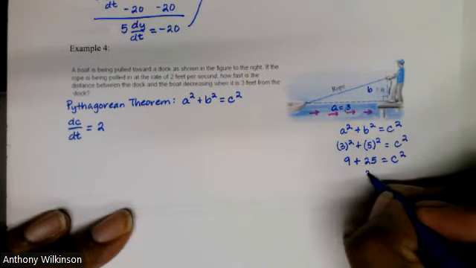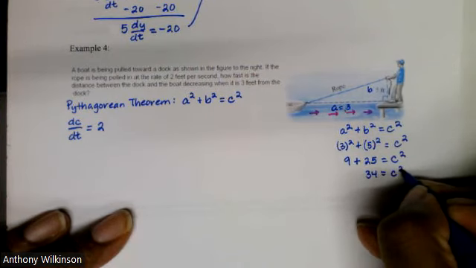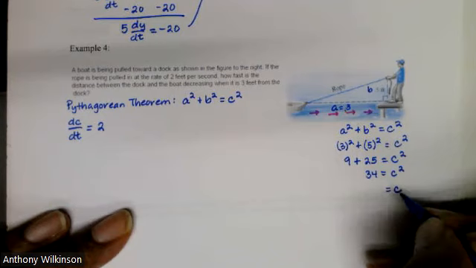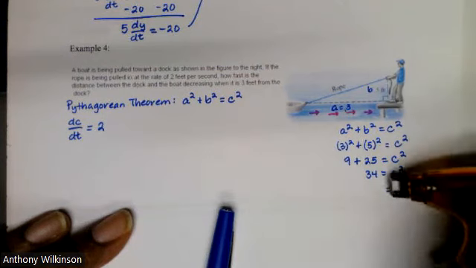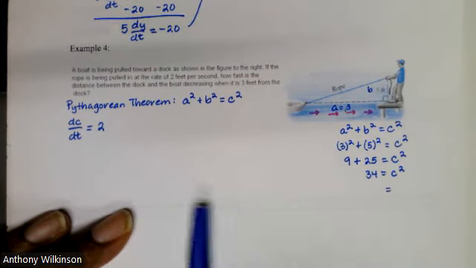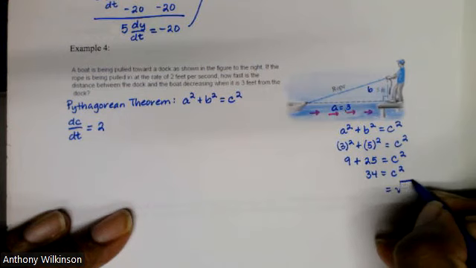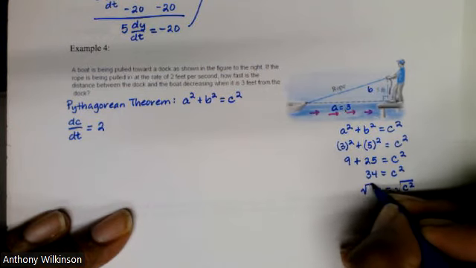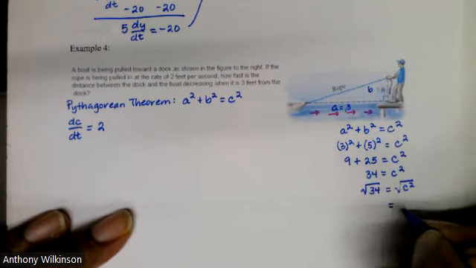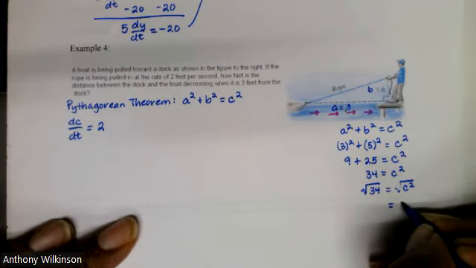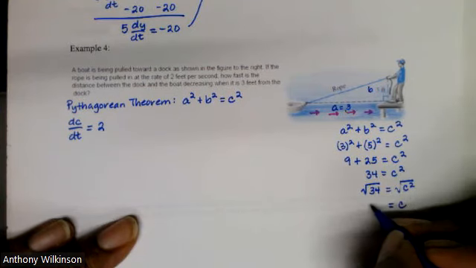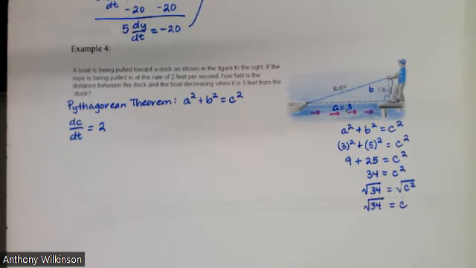To find C, the opposite of squaring is to take the square root on both sides. Don't worry about the plus or minus symbol, because length can't be negative. So C is the square root of 34, and I'm going to leave it that way since 34 is not a perfect square.